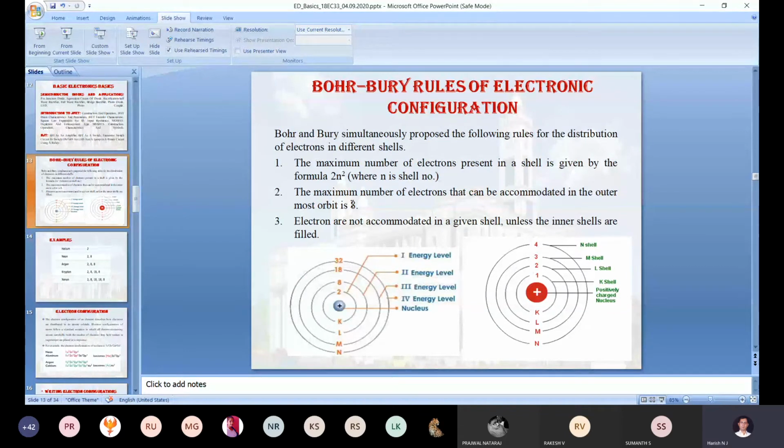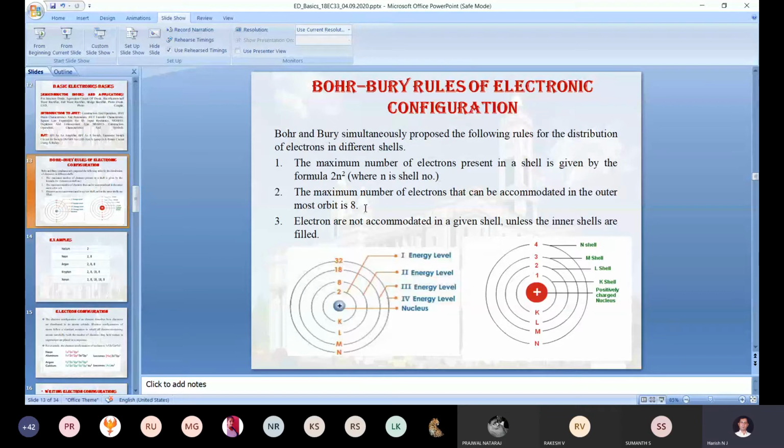The second rule: you don't bother about how many orbits an atom has or how many electrons are in its nucleus, but you should be aware that the maximum number of electrons in the valence shell, or outermost shell, should be 8 or less. If it is less, there is no problem, but it can't cross 8.